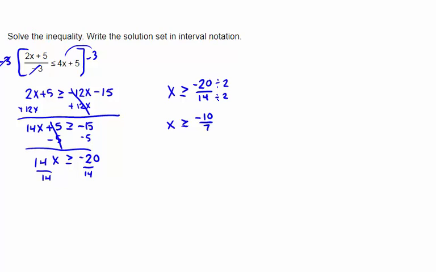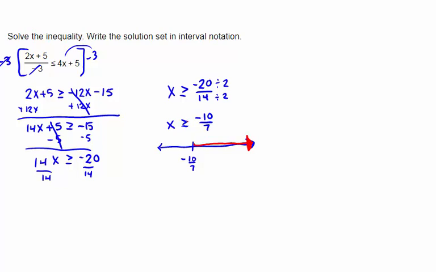So we're going to first maybe graph it just so we can see what the graph looks like. I'm going to mark off the negative 10 over 7. And let's think about what direction we would want to shade. We want x values that are greater than that, which means that we're going to shade to the right.